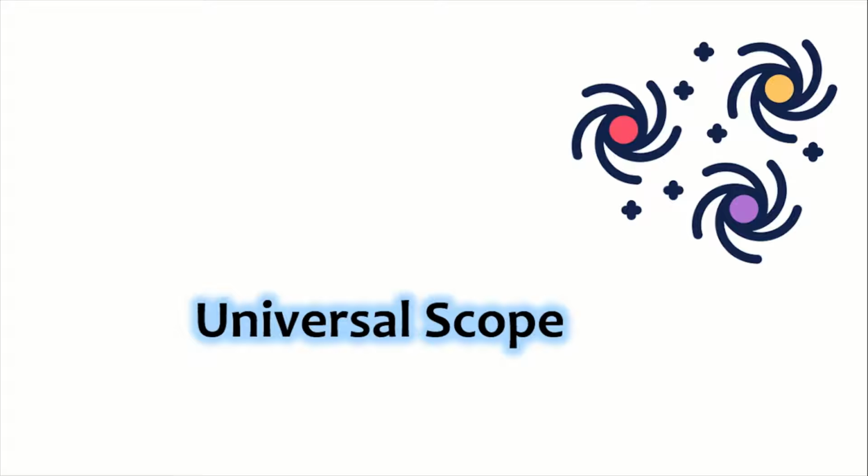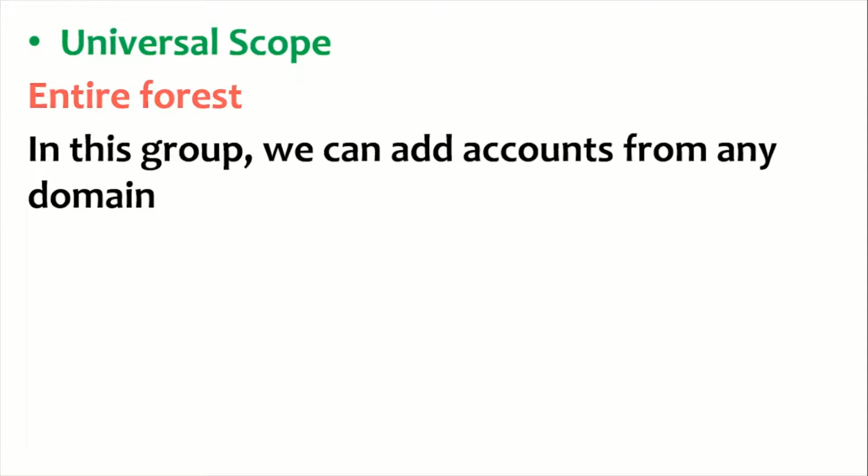So let us understand universal scope now. Again, the scope of the universal group is the entire forest. It can move anywhere, in any domain in the forest. So in this group, we can add accounts from any domain.